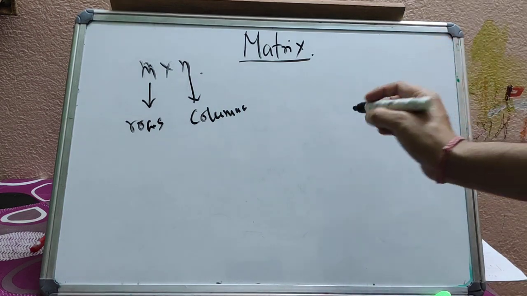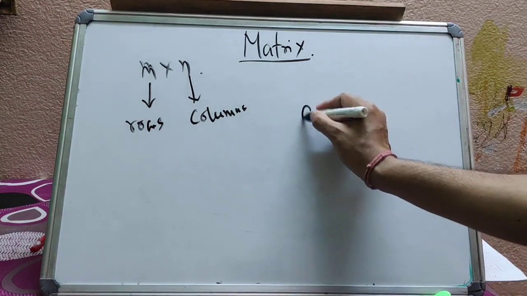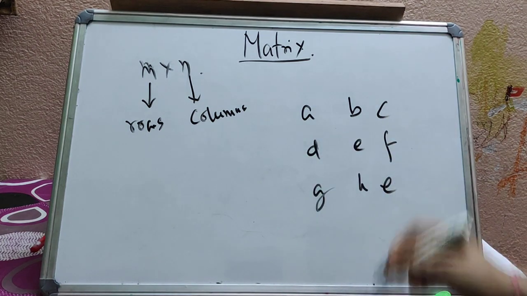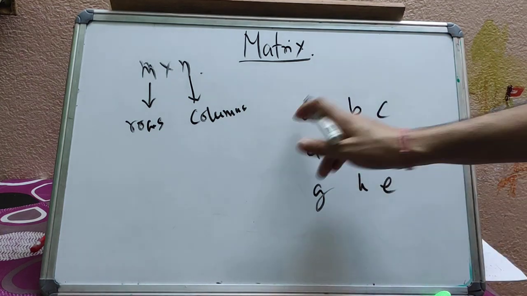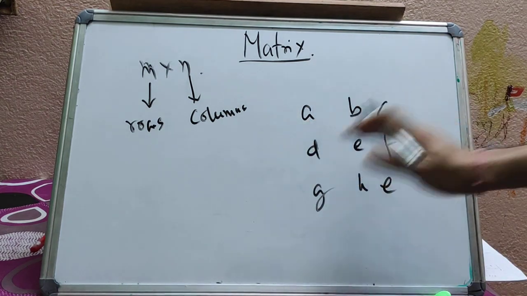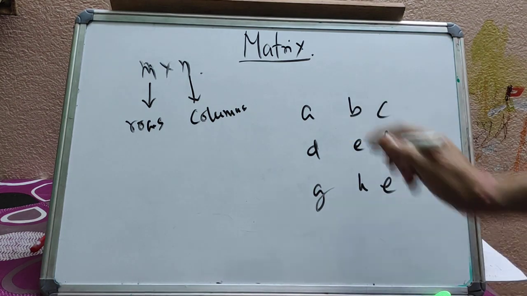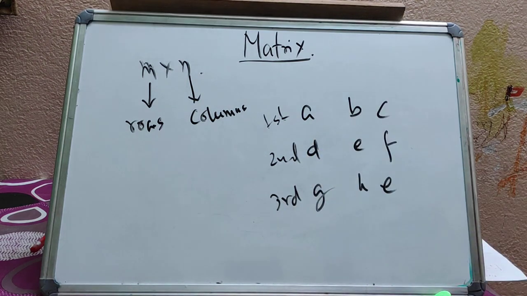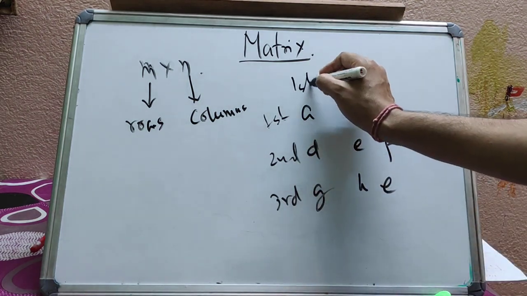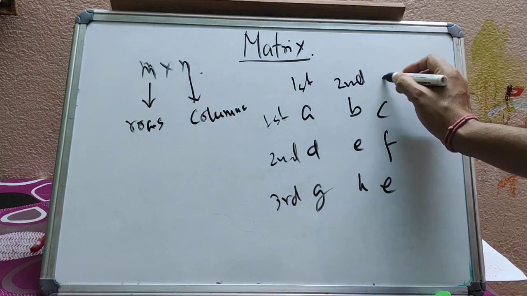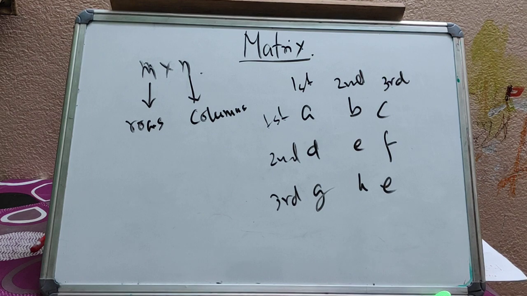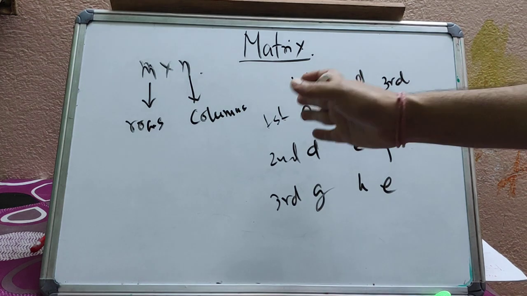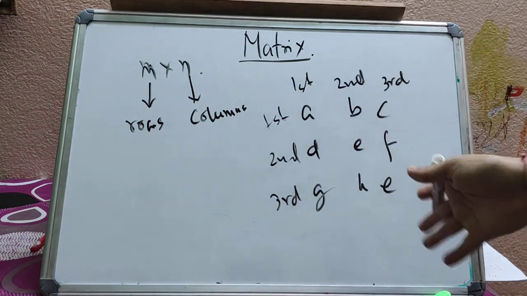Suppose we are writing A, B, C, D, E, F. We have written these alphabets in 3 rows and 3 columns. Suppose this is the first row, this is the second row, and this is the third row. And in this way, this is the first column, this is the second column, and this is the third column. So this is a matrix representation which has 3 rows and 3 columns.